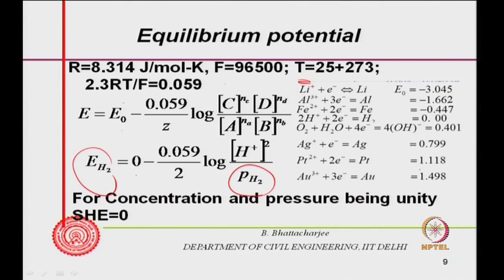I just want to make one point. For example, lithium is negative, but if you come to gold, Au, it is 1.498 positive; silver is positive, platinum is positive. As long as it is negative, the reaction will occur spontaneously, but if it is positive it will not.